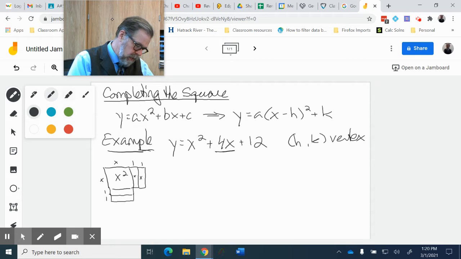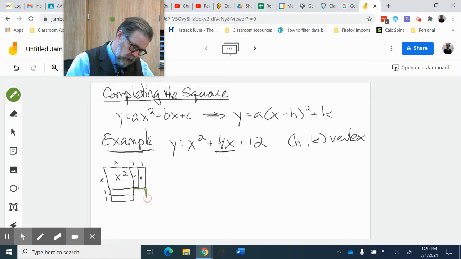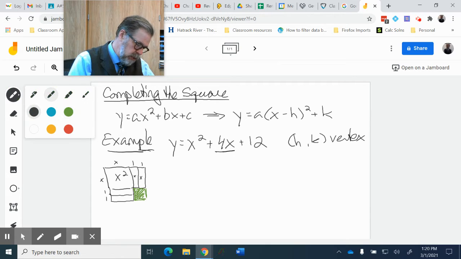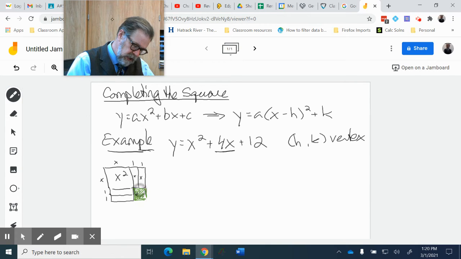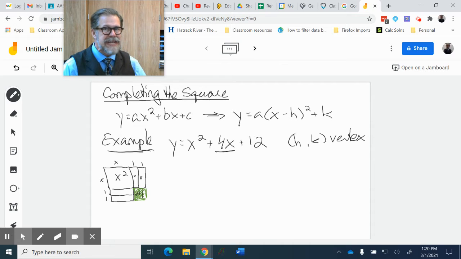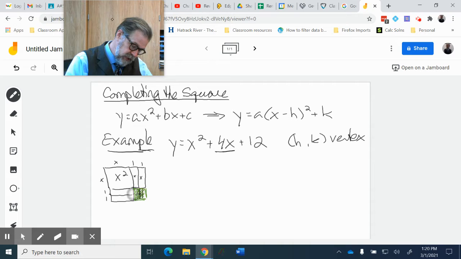So now I need to make this into a square. In order to do that, I need to fill in this corner. Well, that corner is a 2 by 2 corner, which means it is 4 units big. So I'm going to add 4 tiles.